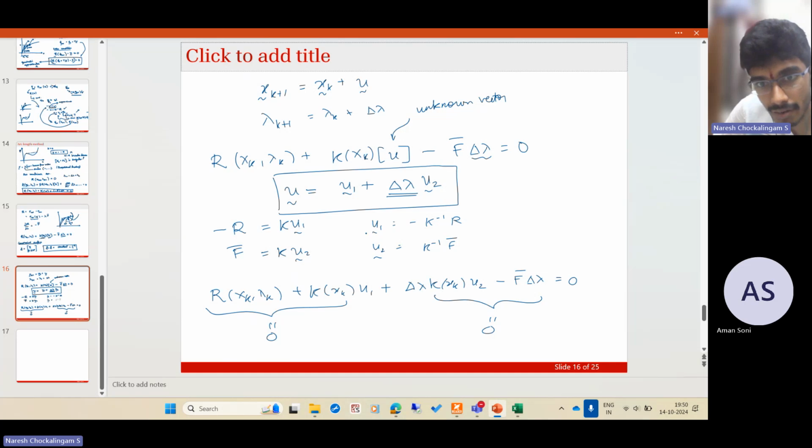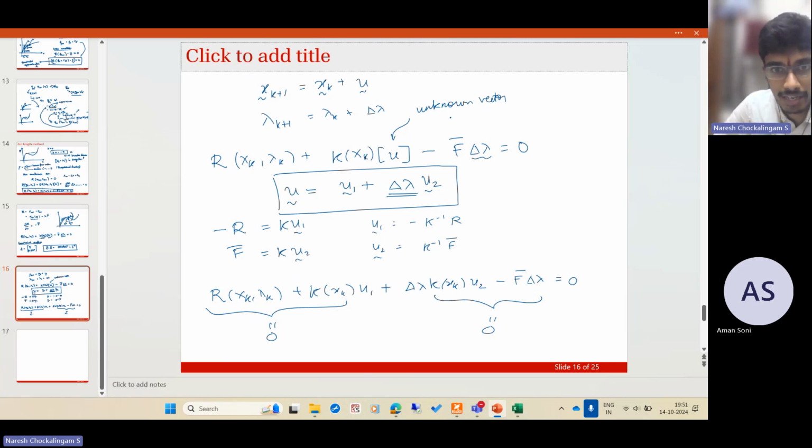So this u1 will vary with every iteration because r is configuration dependent, but this u2 is a constant. F bar is the externally applied, known vector. So this k inverse f bar, u2, is going to be a constant. So we have split u into two components.